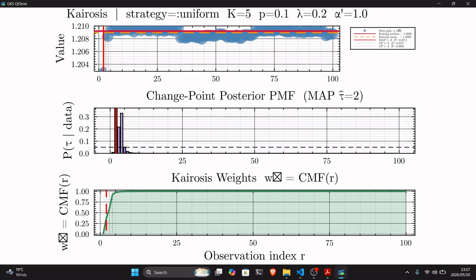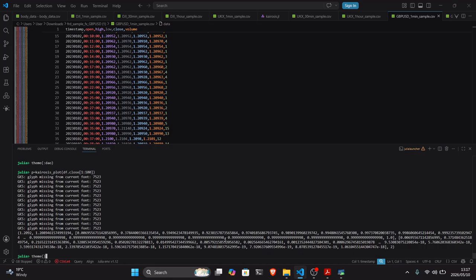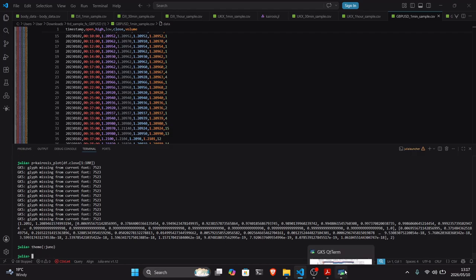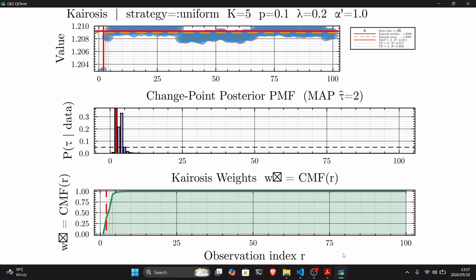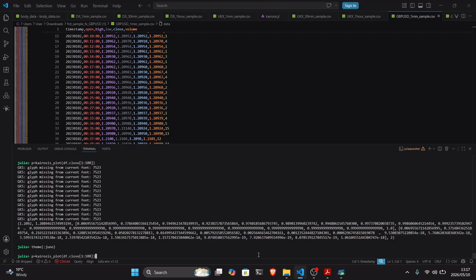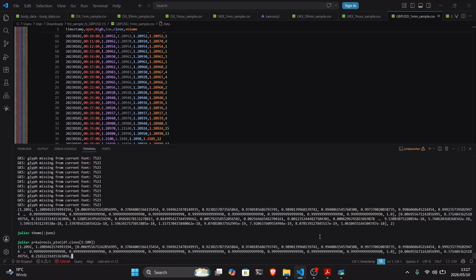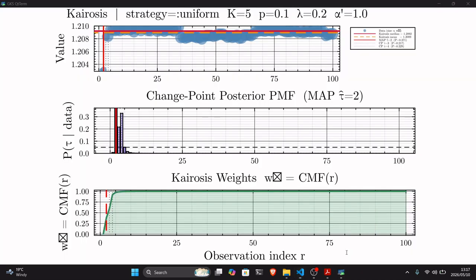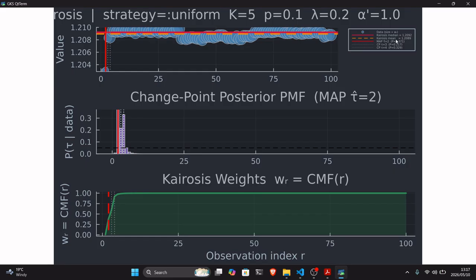Let me change the theme again because this theme isn't really rendering the LaTeX. Now, the data is the blue points, and the size of those blue points is proportional to their weight.